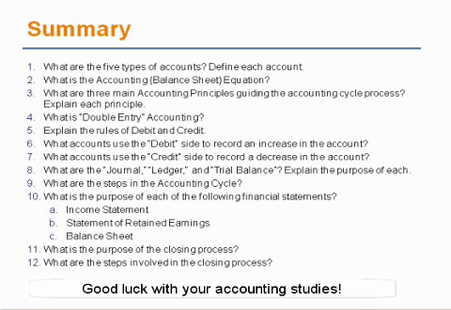Number 11, what is the purpose of the closing process? We saw that the closing process was a process that cleared temporary accounts to our permanent accounts and summarized those temporary accounts to retained earnings. What are the steps involved in our closing process?